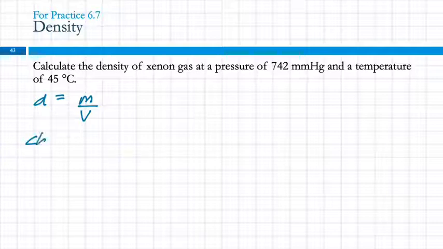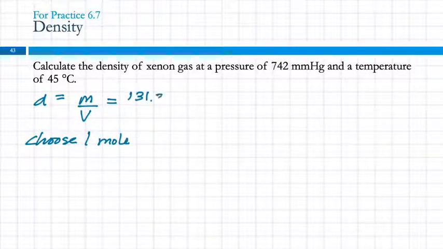So this is where I choose something that's going to be easy. If you want to choose something hard, go right ahead, but why? Choose 1 mole. So what's the mass of a mole of xenon? It's on the periodic table: 131.3. Xenon's not diatomic, so we don't have to multiply by 2 or anything.